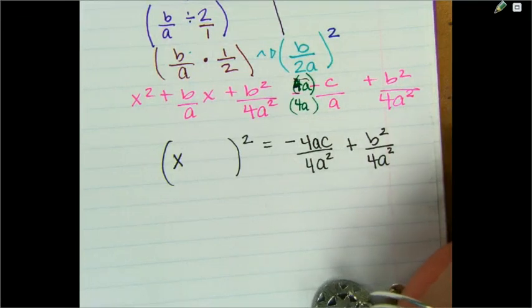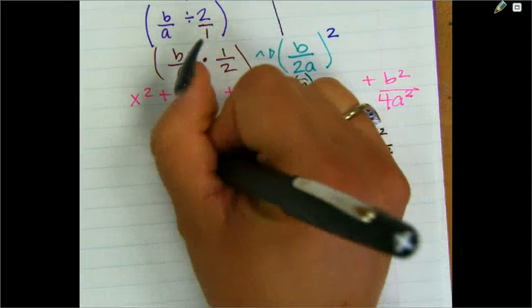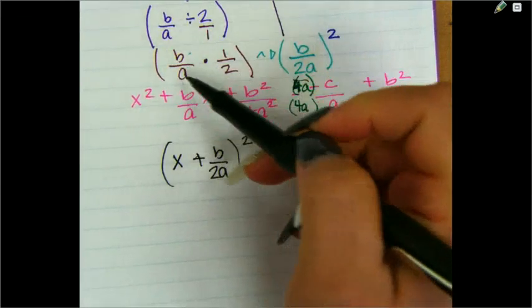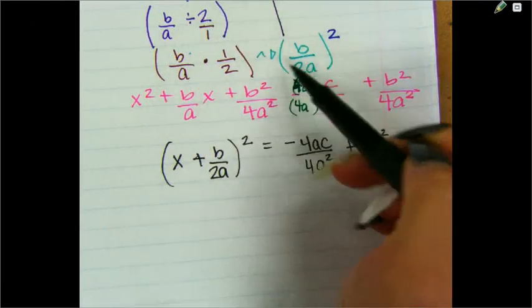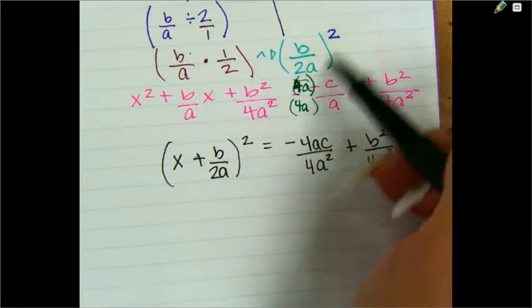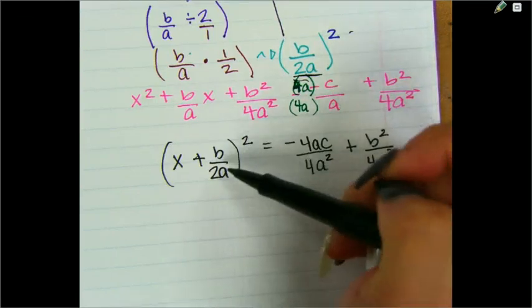What is that value when I finally divided by 2? b over, careful, 2a. Because remember, this whole process here was all just dividing by 2. Okay? So this right here is after I divided by 2 before I squared it. Remember? So this is what I'm looking for here, which is going to get me this here. Good?